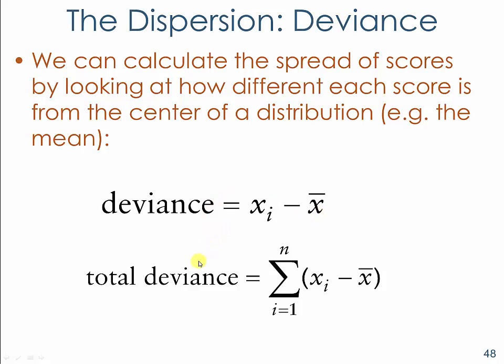What we can do is take the total deviance, and this summation character looks familiar, I'm sure. Notice though that the n and the i equals 1 are not on the corners, but on top and bottom. That doesn't change the formula explanation. It's just another way to depict it, because we need to make room for the x sub i minus x bar. And so what we're saying with this formula is we're taking the total deviance, which is equal to each observation minus x bar, and adding up those values.